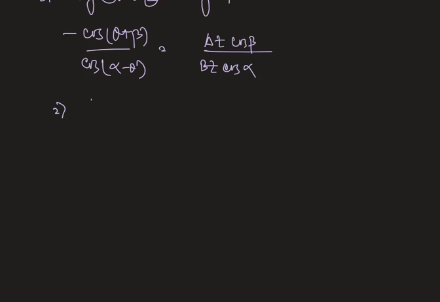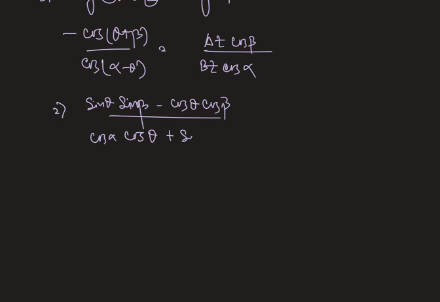Hence expanding this, we get sin theta sin beta minus cos theta cos beta divided by cos alpha cos theta plus sin alpha sin theta is equal to cos beta divided by 2 into cos alpha. Therefore we can say that AZ by BZ is equal to half.